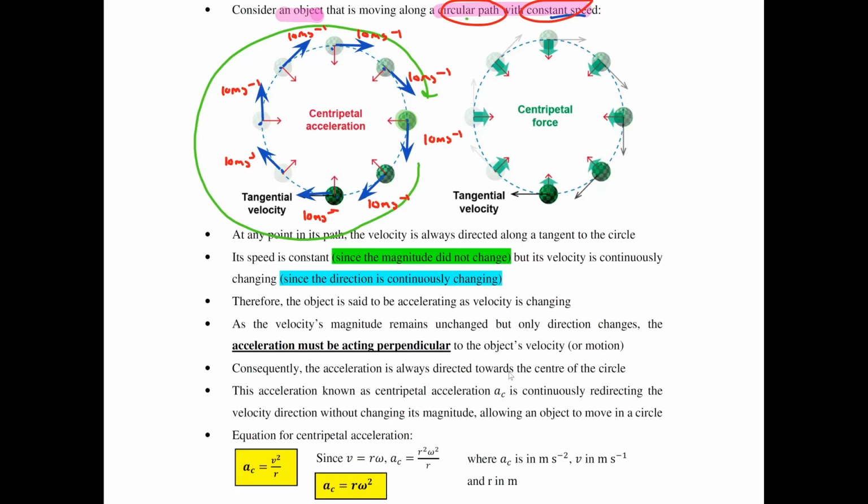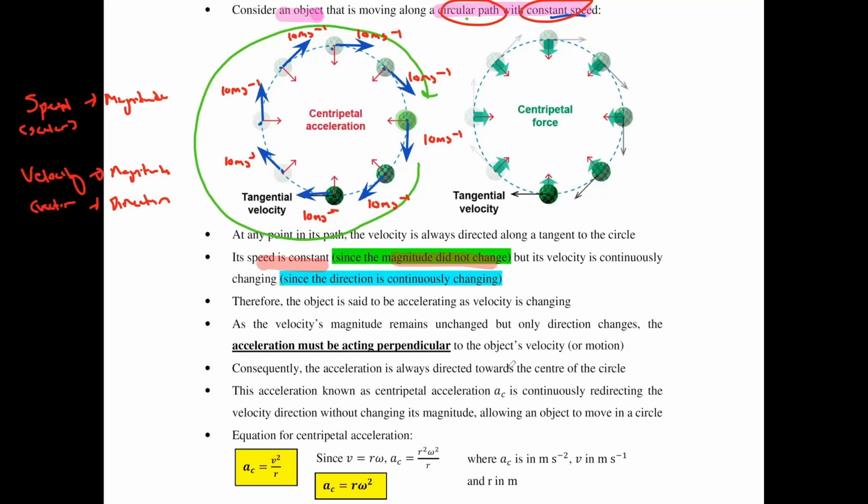Now we would say that the speed is constant here because the magnitude did not change. If you recall from your AS last time, there's a difference between speed and velocity. Speed being scalar, you only need to consider magnitude. But velocity being a vector, you need to consider both magnitude as well as direction.